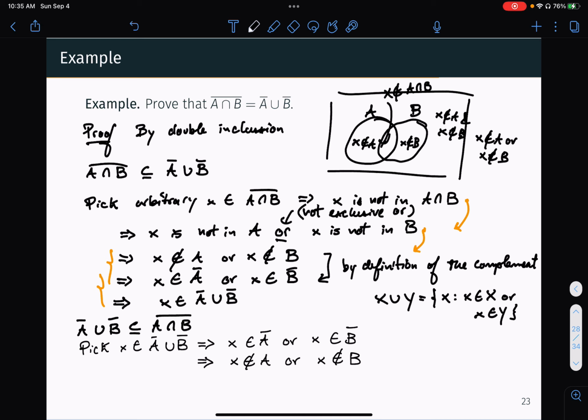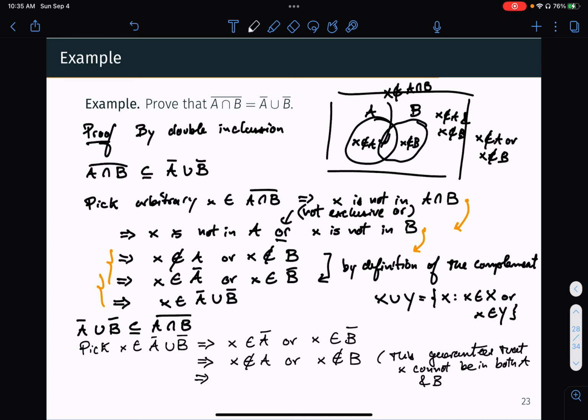This isn't an exclusive or. So what I know for sure then, this guarantees that X cannot be in both A and B, because I know that it's at least not in A or B, right?